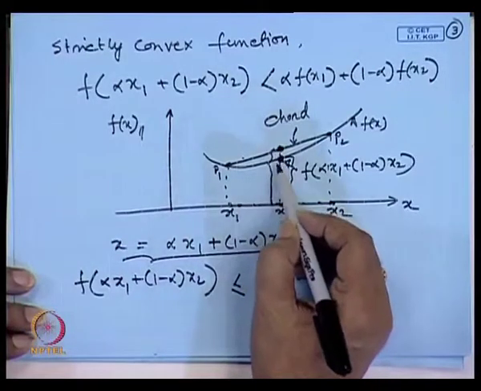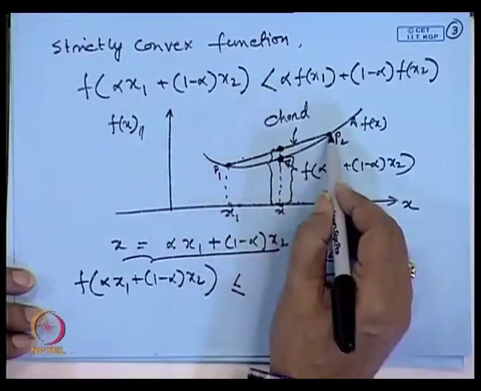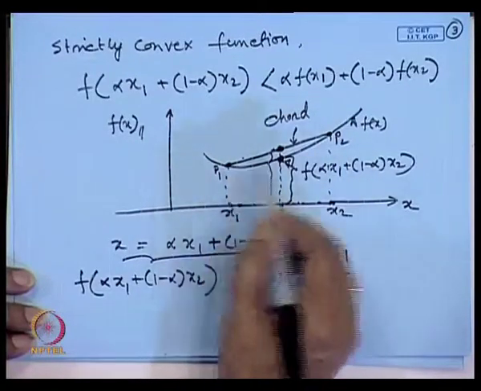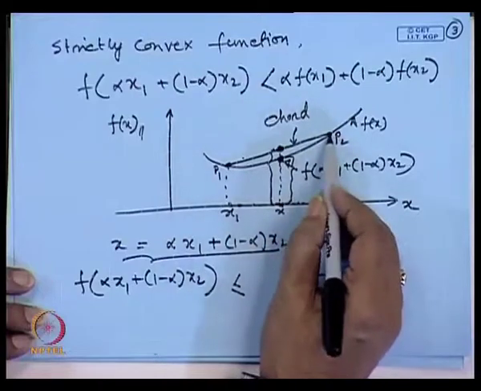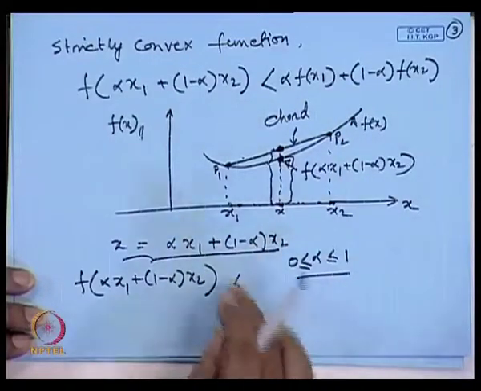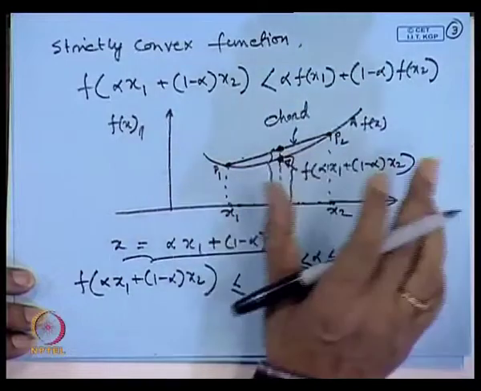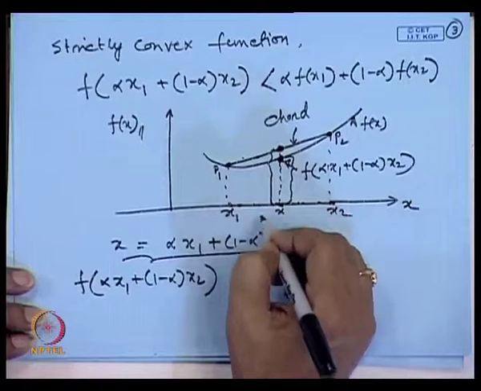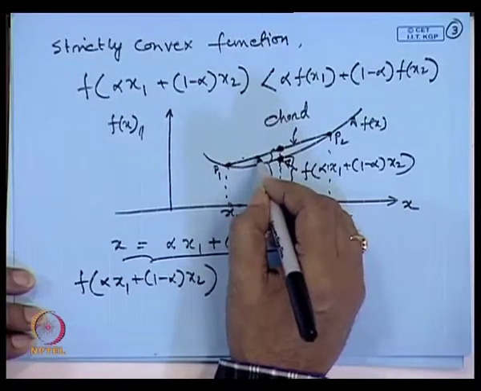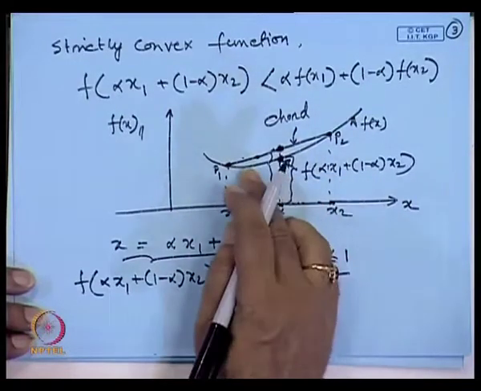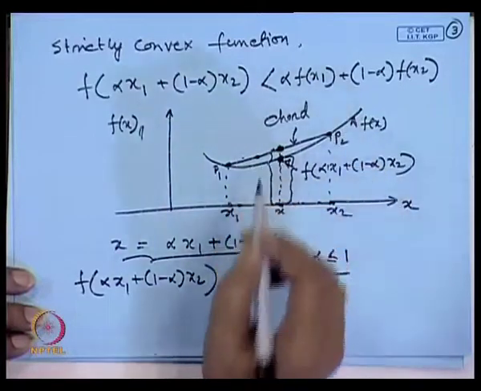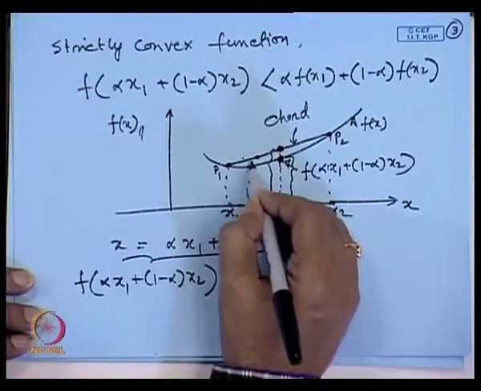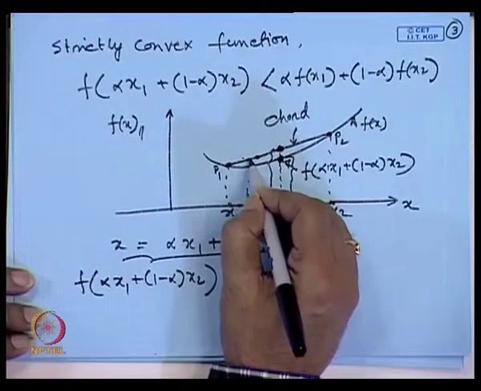You see when it will be equal: at the extreme points of the chord, the function value and the chord value at the extreme points P 1 and P 2 are both the same, that is why the equal to sign. Other than these 2 points, for any point on the chord, the chord value will always be greater than the function value f of x. You see any point here, the chord value at this point is greater than this one.